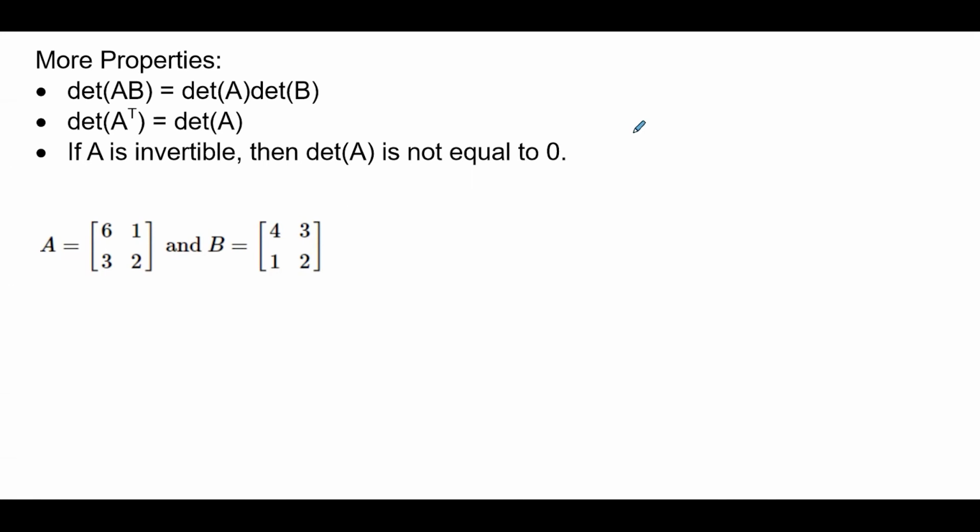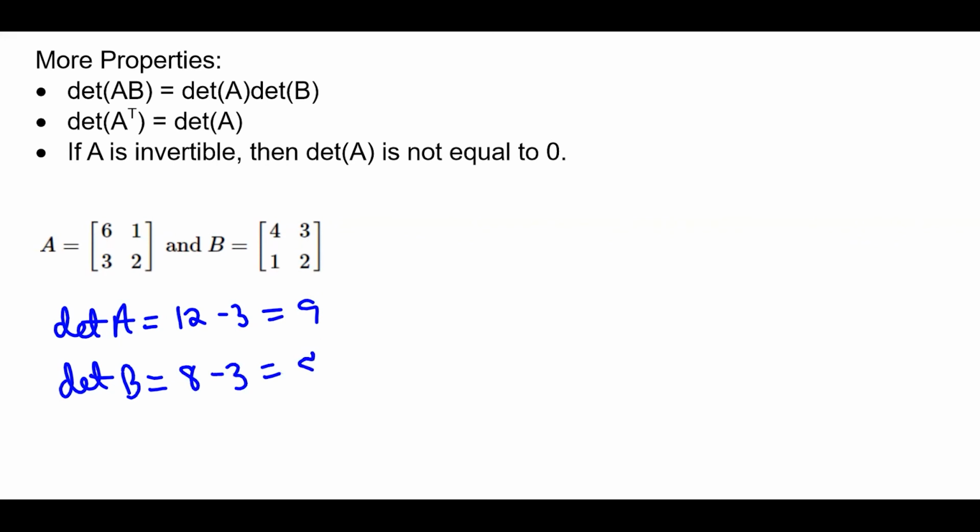So let's just look at some of these. Let's find the determinant of A and the determinant of B, and we'll see if it's equal to the determinant of A times B. So the determinant of A would be 12 minus 3, so it'd be 9. The determinant of B is 8 minus 3, so that's 5.